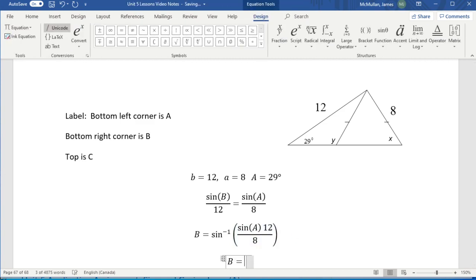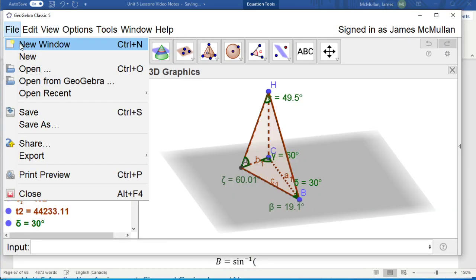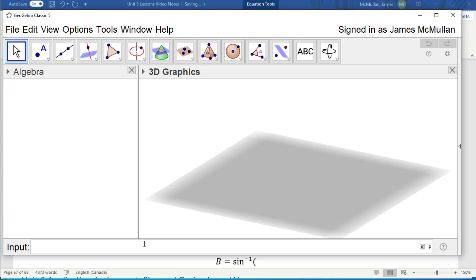Okay, so B is equal to inverse sine. Let's just figure out what that is for a sec. So sine A is 29 degrees, so let's go sine 29 times 12 divided by 8. Okay, 0.73.